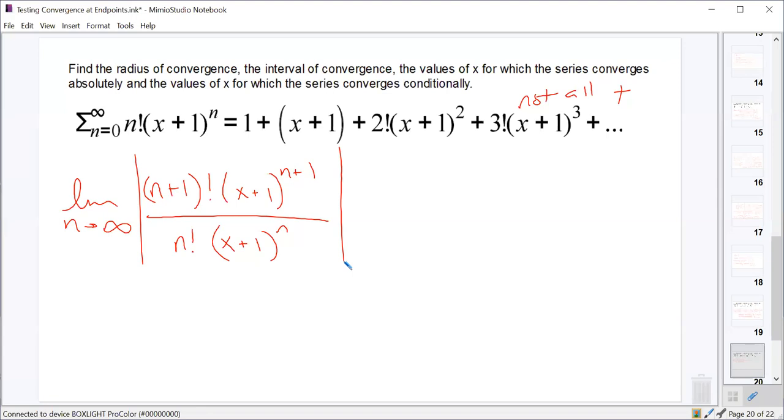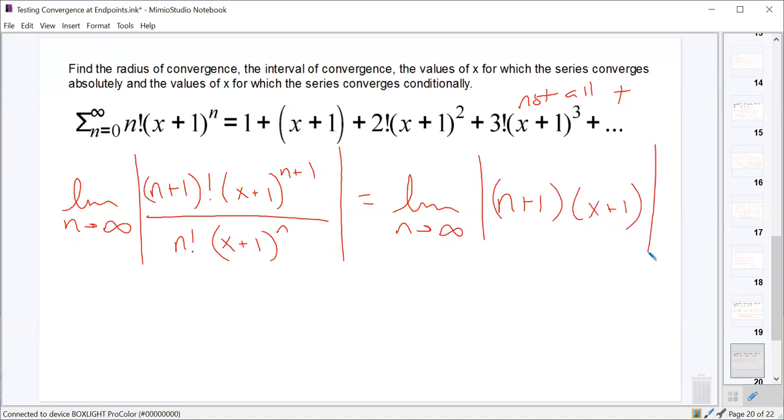So what does that simplify to? The limit as n approaches infinity of... anybody? n plus 1 times x plus 1.